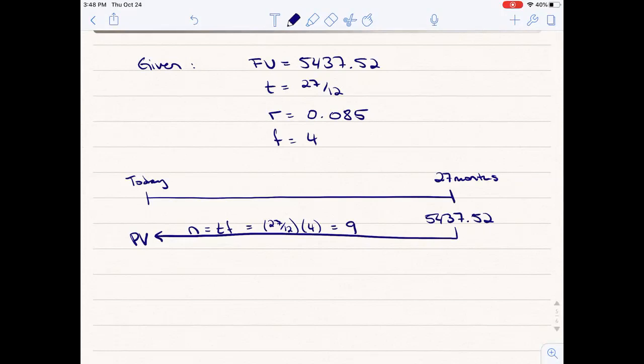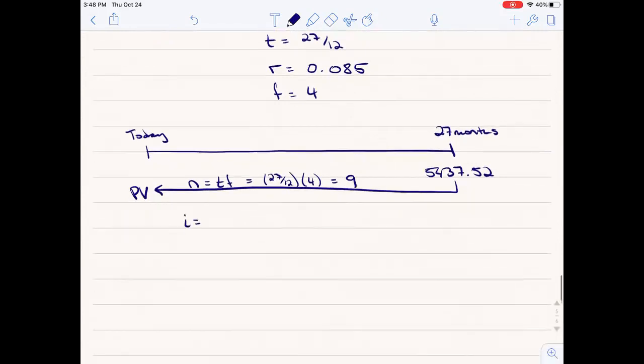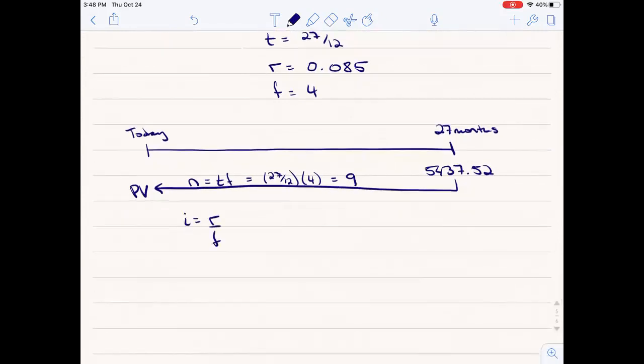And then the last thing that we usually do, we write R for simple interest somewhere around there, but now we have to find I. And so I is R over F, which is 0.085 over 4. 0.085 divided by 4 is 0.02125.